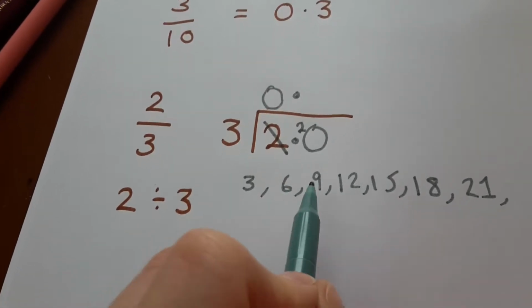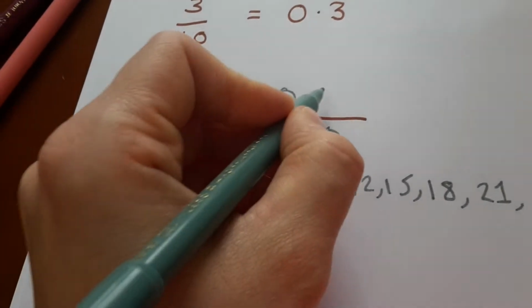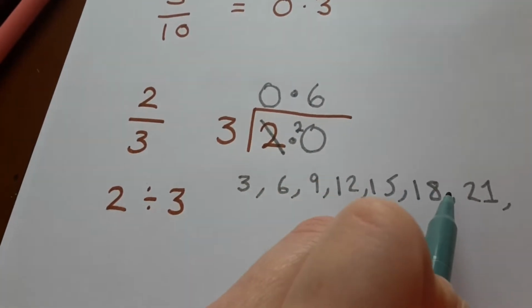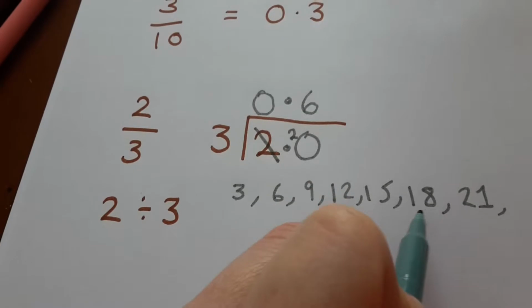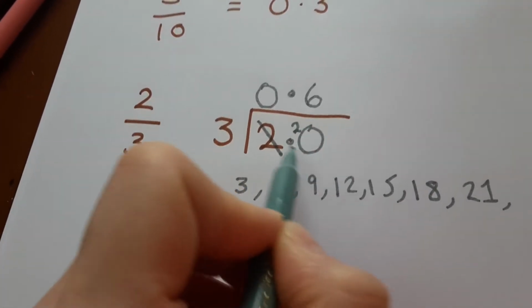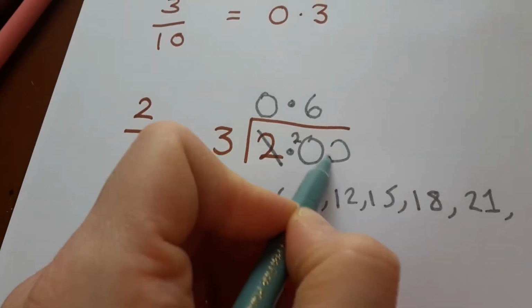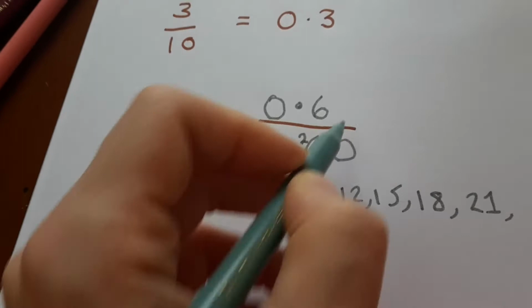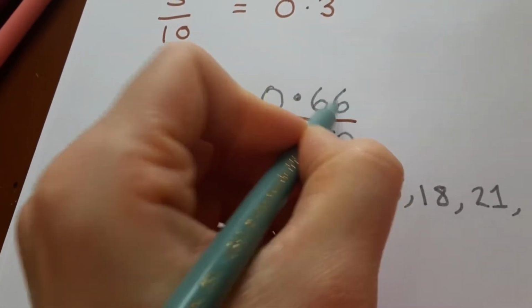So we've got 1, 2, 3, 4, 5, 6. 3's will fit into 20, and my final number was 18 because 6 times 3 is 18. My number that I've actually got that I need to work with is 20, so I've got a remainder of 2. Oh look, we've got the same number here and here, so I already know my answer.